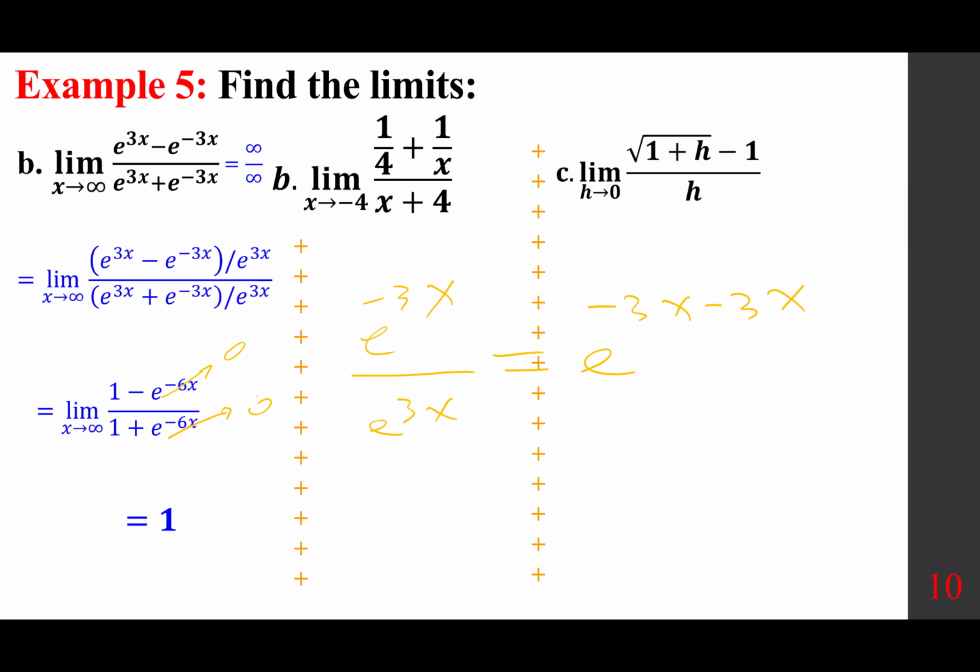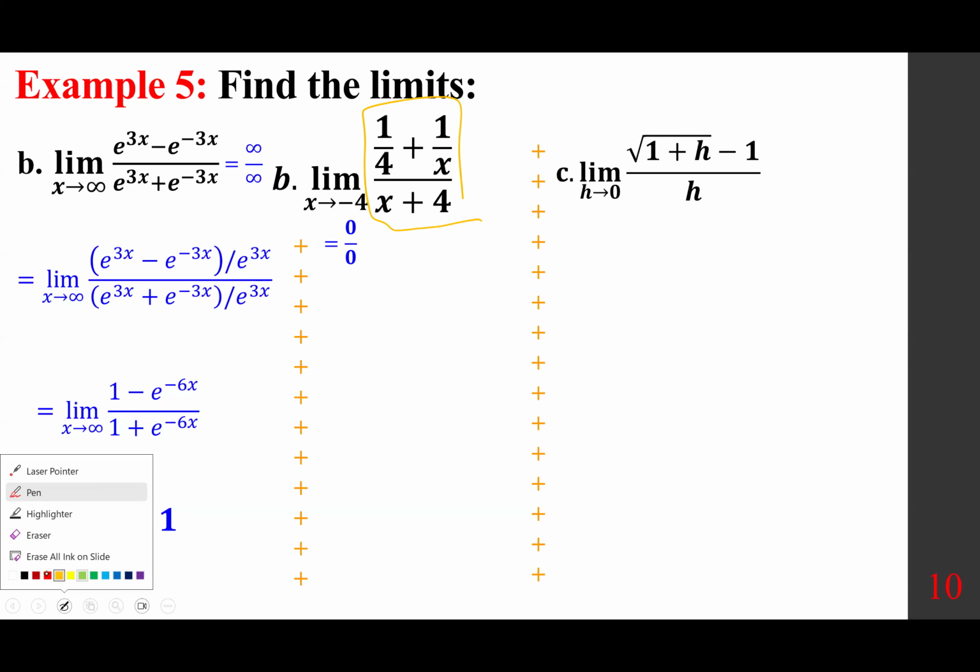So it's pretty straightforward, everybody. What happens here? You get 0 over 0. Let me erase my work first. And I hope you realize if you plug in -4, you get 0 over 0, and you're dealing with a, let me use a different color.